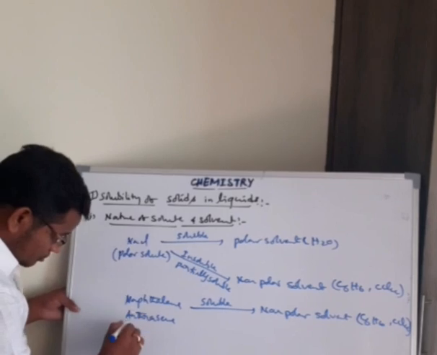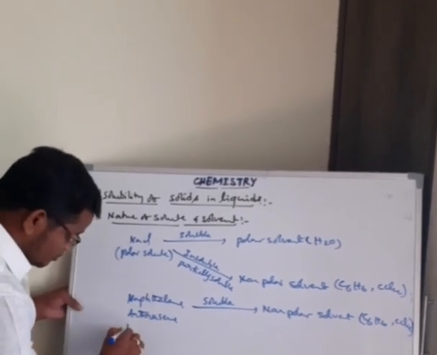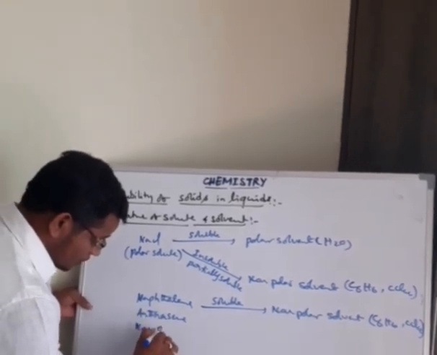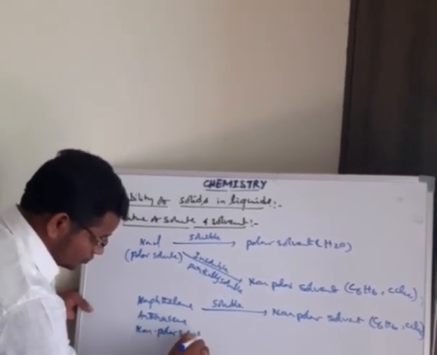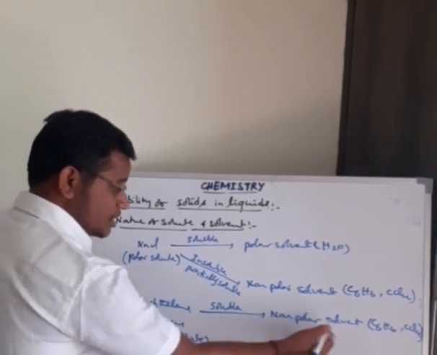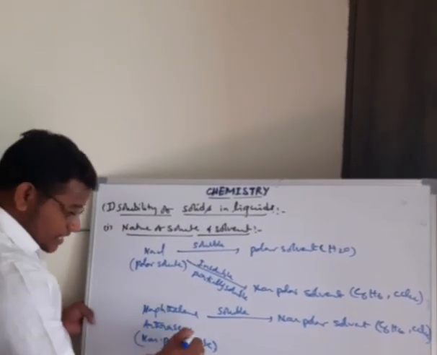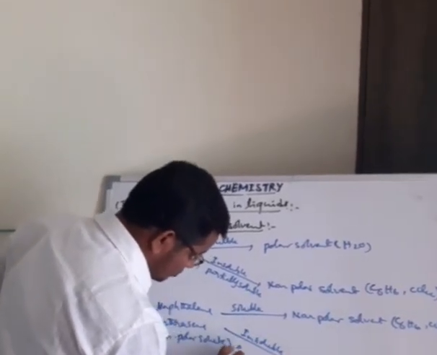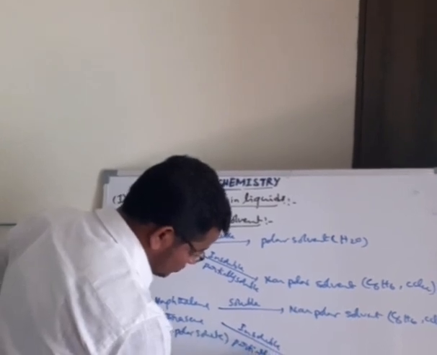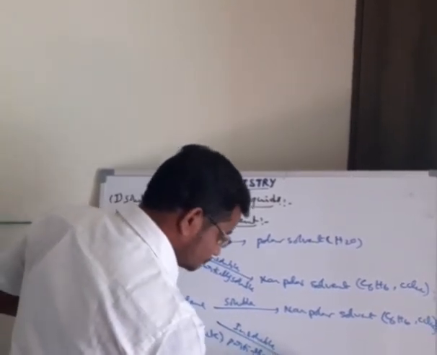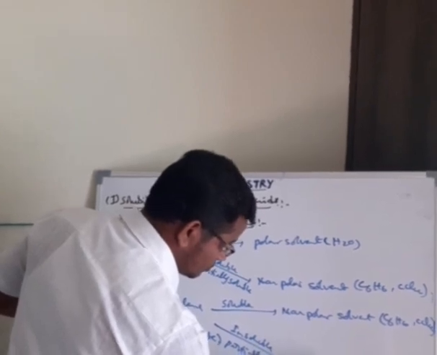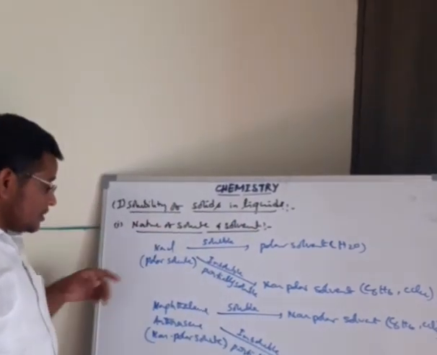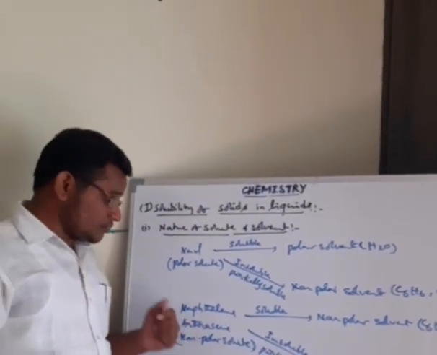But what type of solutes are naphthalene and anthracene? These are non-polar solutes. That's why non-polar solutes are soluble in the non-polar solvent. Again, the same types of solutes are insoluble or partially soluble in polar solvents like water.